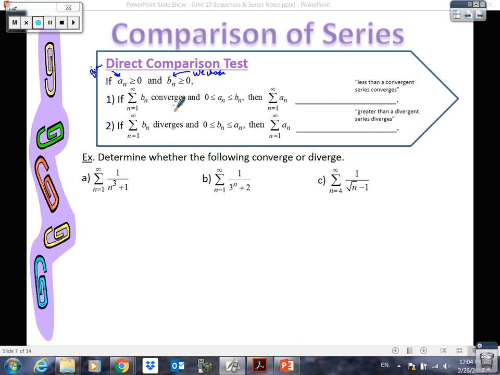What that means for us is that the series have to line up in this way. Our original one has to be smaller than the one that we chose, or this doesn't work.